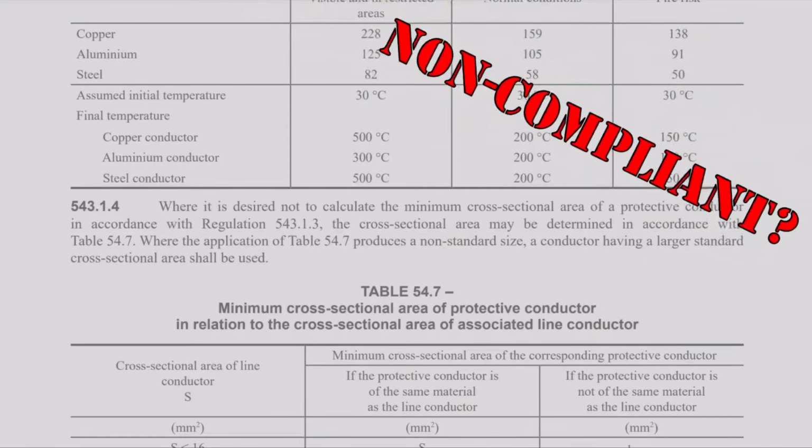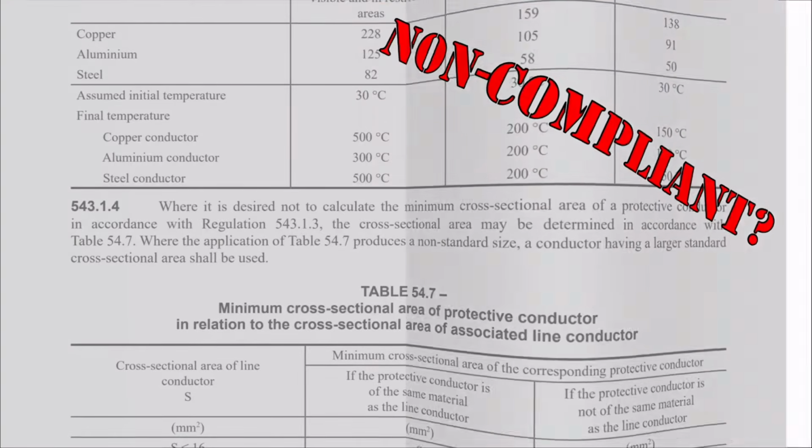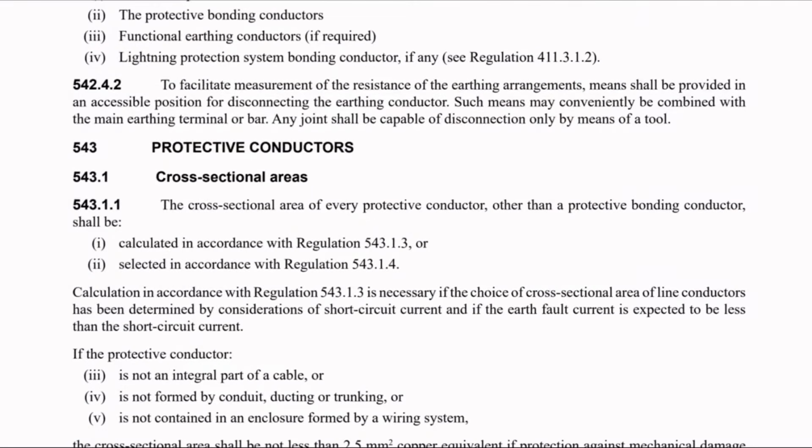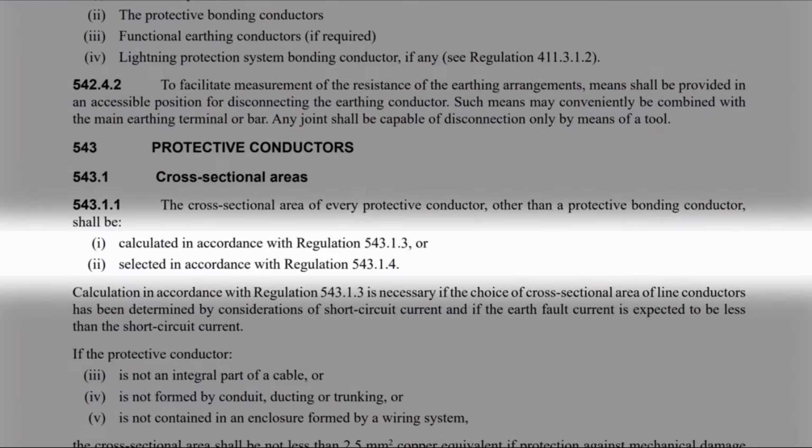So what gives? Why is this cable even manufactured if it doesn't comply with this requirement? Well, do you remember in regulation 543.1.1, it said that there are two options for calculating the size of the protective conductor. We could select the conductor size using 543.1.4 and table 54.7, or we could calculate the conductor size in accordance with regulation 543.1.3.